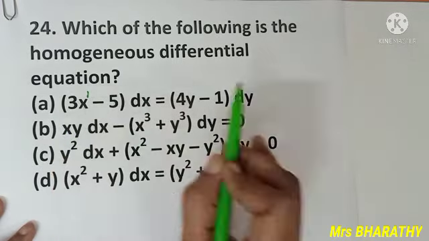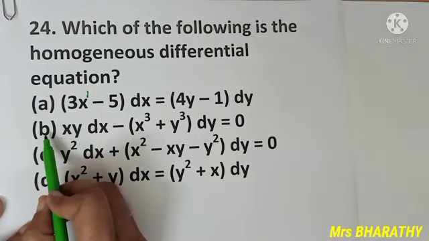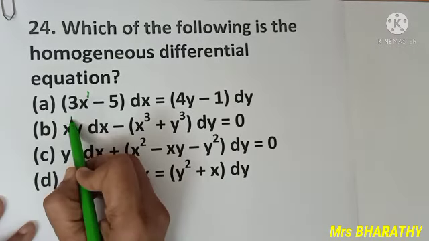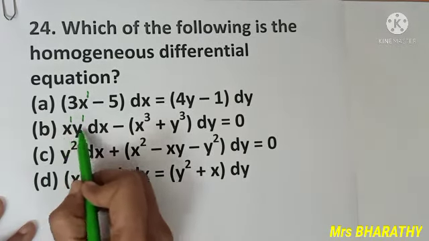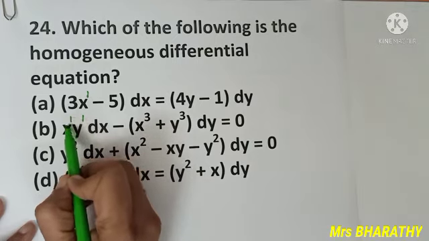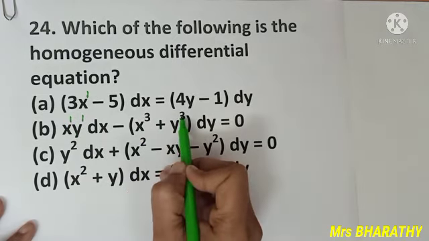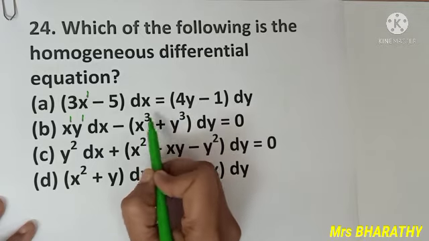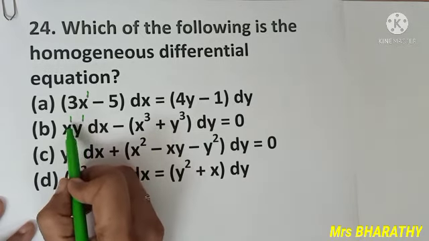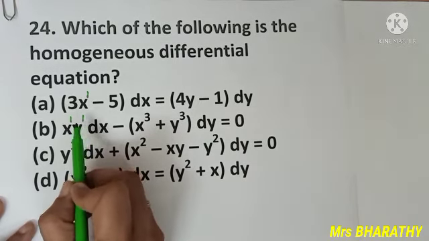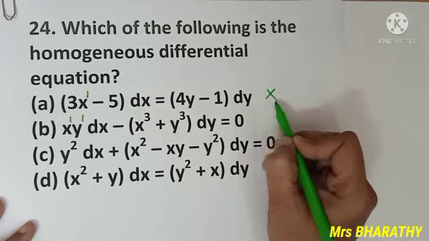So, A removed. When I come to B option, degree 1, multiplying tells me together the degree is 2. But here the degree is 3 and 3. So 3 only should come, but 2 is given. So B is also wrong.